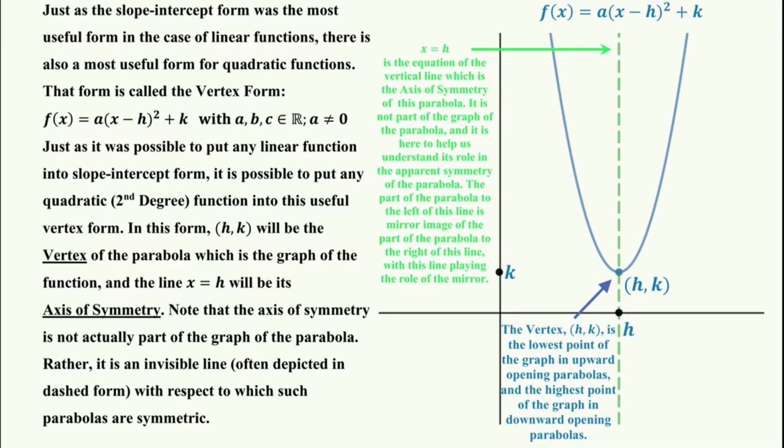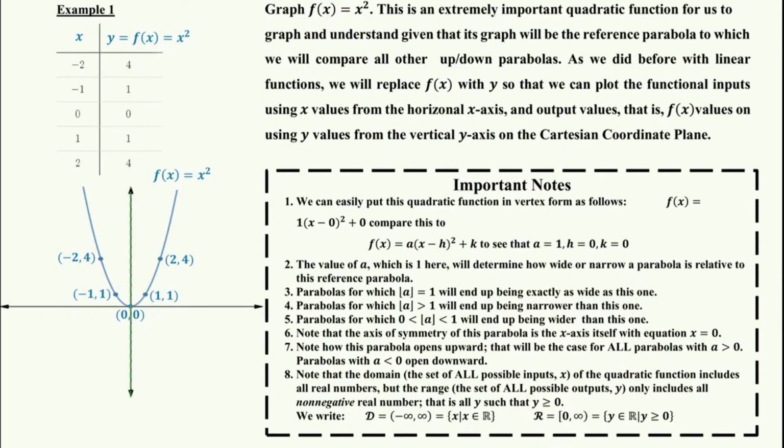Okay, in our first example, we're going to look at what can be considered to be the most important parabola, because this parabola here, whose graph is the equation f of x equals x squared, is what we consider to be the reference parabola.